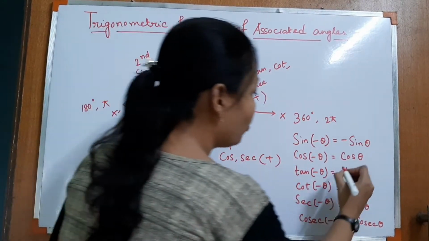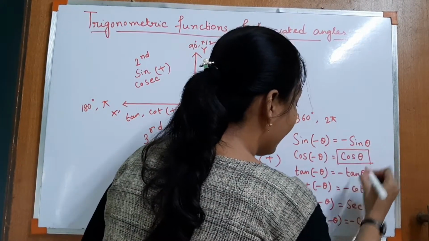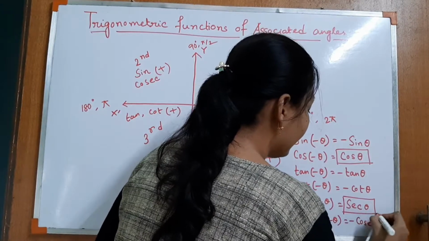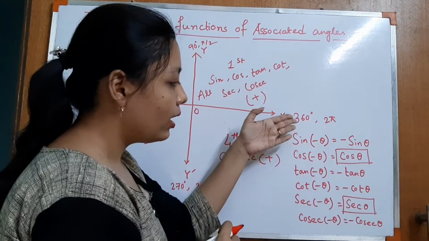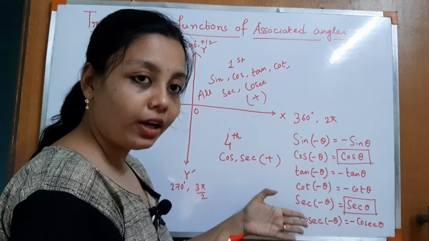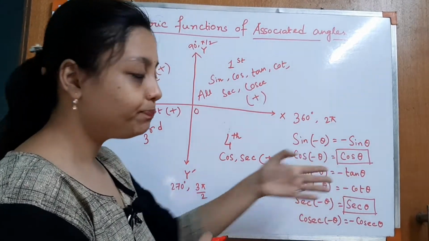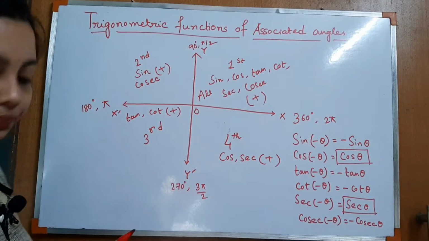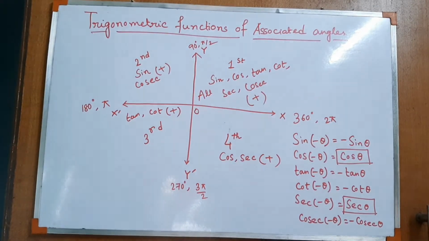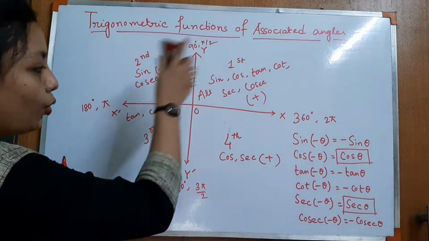So here cos theta and sec theta are the exception cases, otherwise all the other trigonometric functions give the same result. Okay. Now note this whole portion.